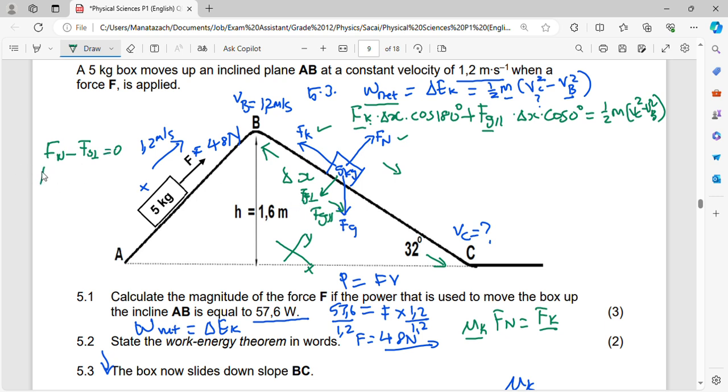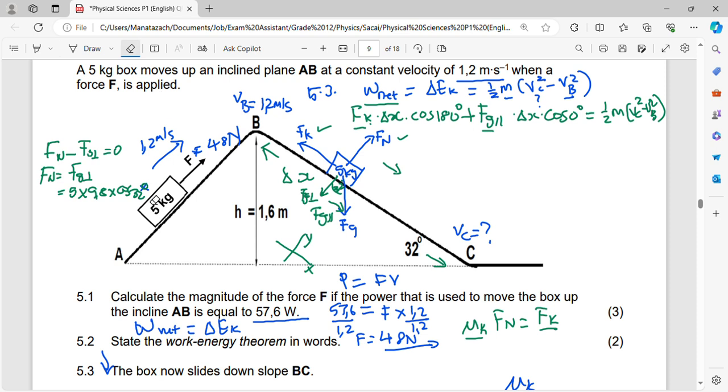So Fn is equal to Fg perpendicular, which itself is equal to mass times 9.8, which is 5 kg times 9.8, and since the angle 32 is adjacent to Fg perpendicular, I'm going to use cos of 32 degrees.